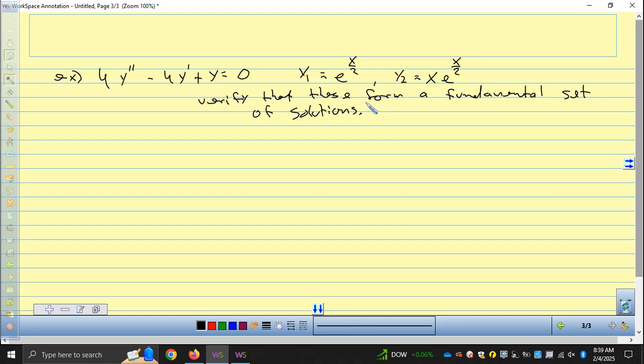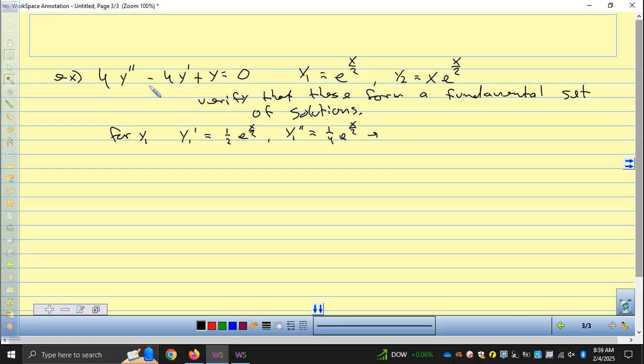Now we could use the superposition principle and add them together and take derivatives. I did it one at a time. For y1, y1 prime is 1/2 e to the x over 2. y1 double prime is 1/4 e to the x over 2.